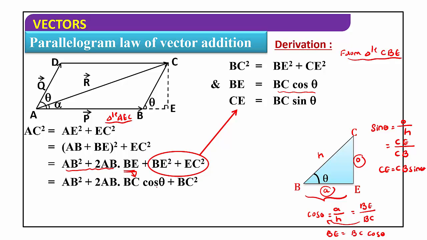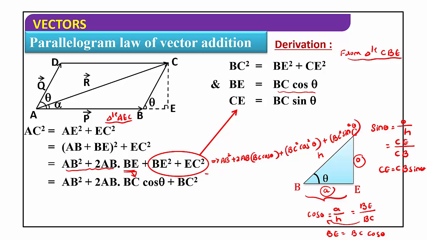Let me rewrite this equation. AB square plus 2AB, and in place of BE we wrote BC cos theta, plus BE square, which we can write as BC square cos square theta, plus EC square, which is BC square sin square theta.